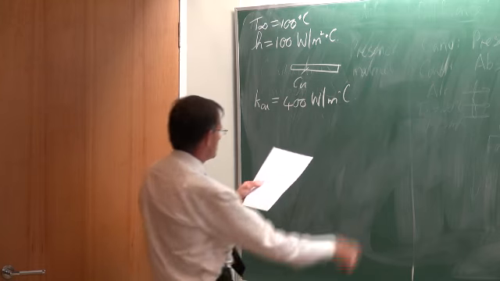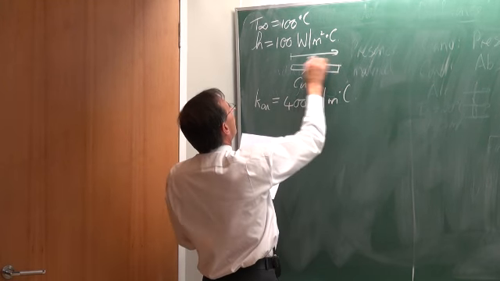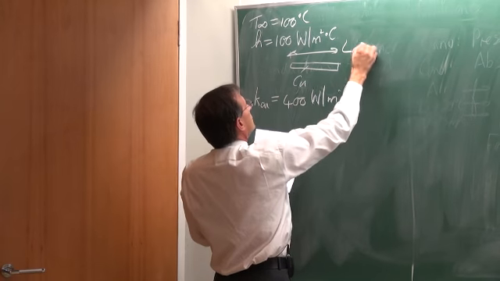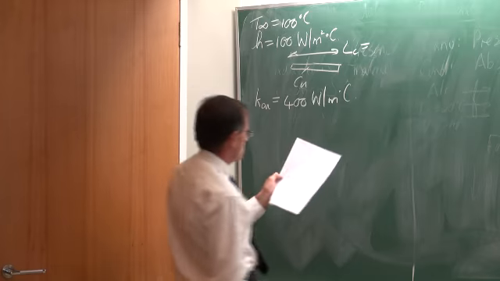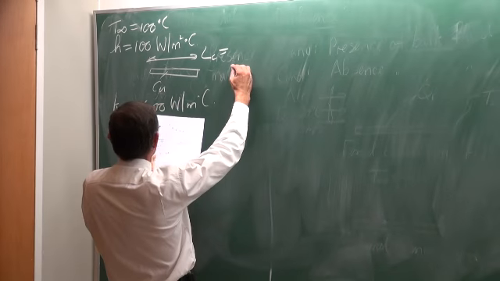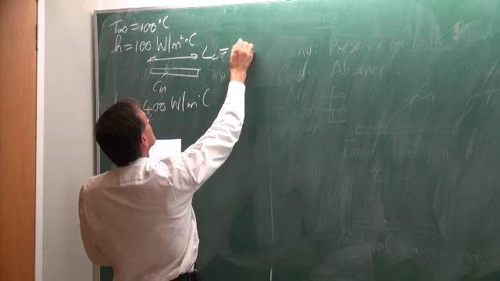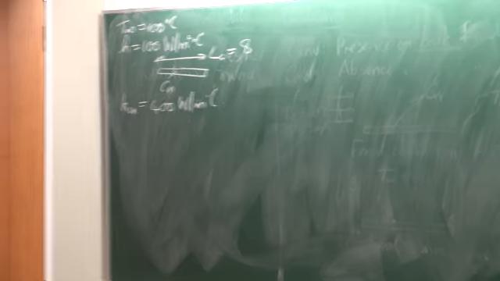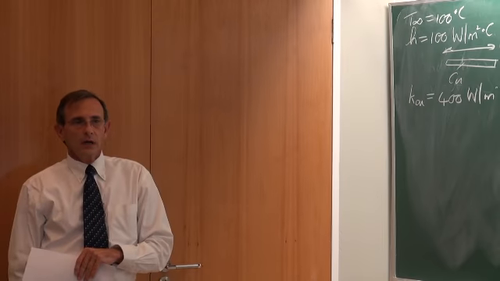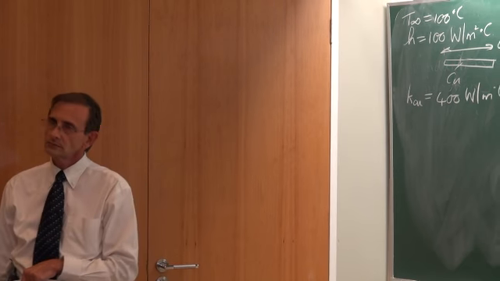And the characteristic length, Lc, is I think 8. Okay, 8. So calculate the Nusselt number for me.